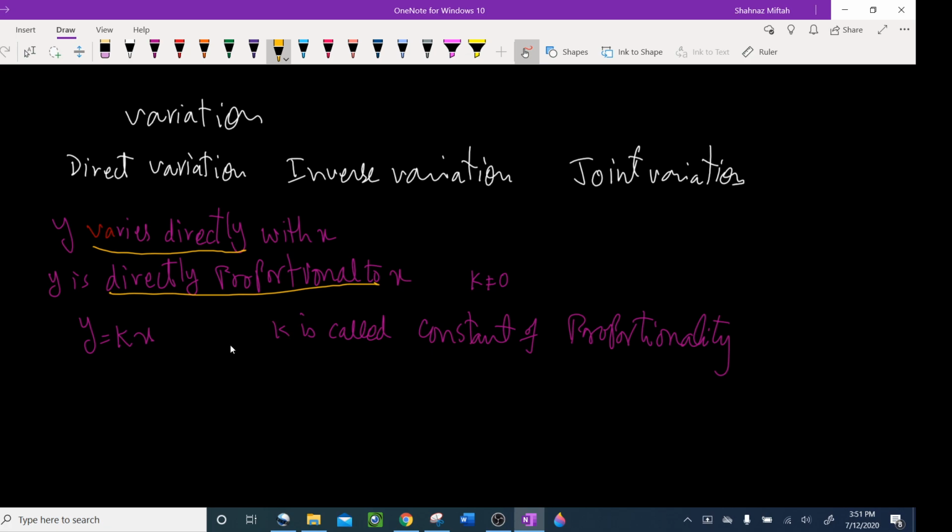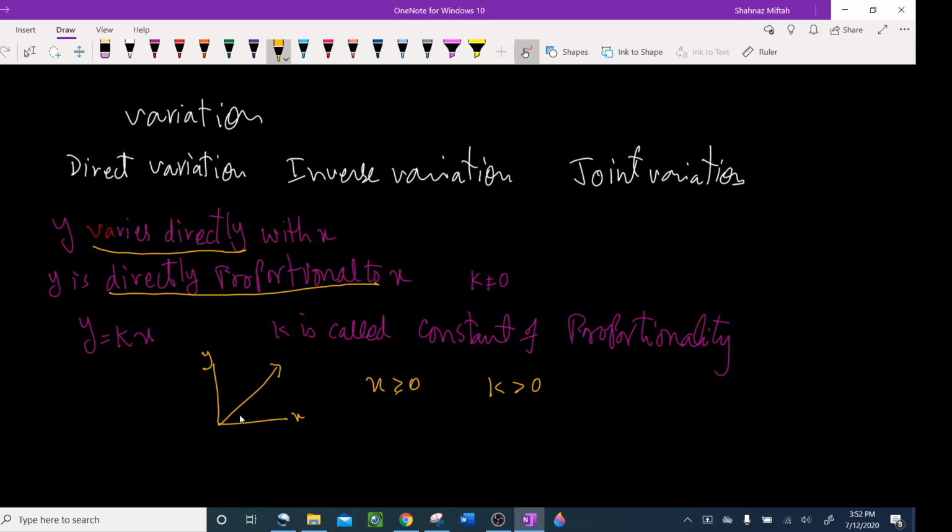Now the graph that usually goes with direct variation is something like this. That's y and that's x. So if y varies directly with x, it means x is greater than or equal to 0 and k greater than 0 is a constant. This is the constant of proportionality. So the graph shows the relationship between y and x.